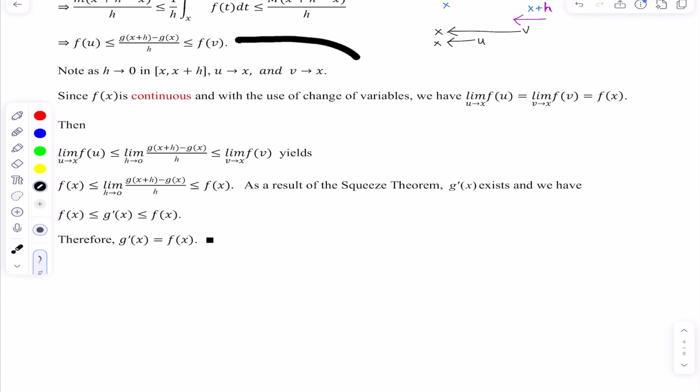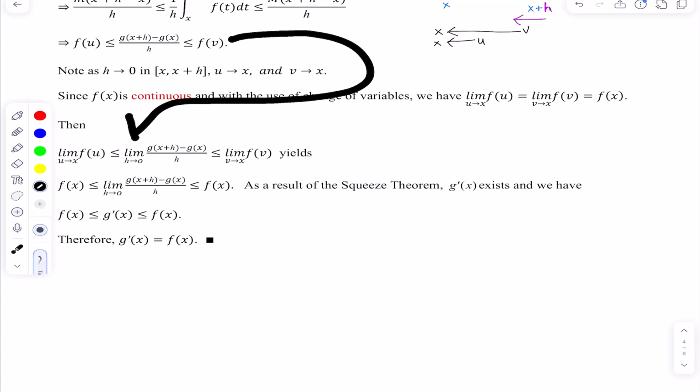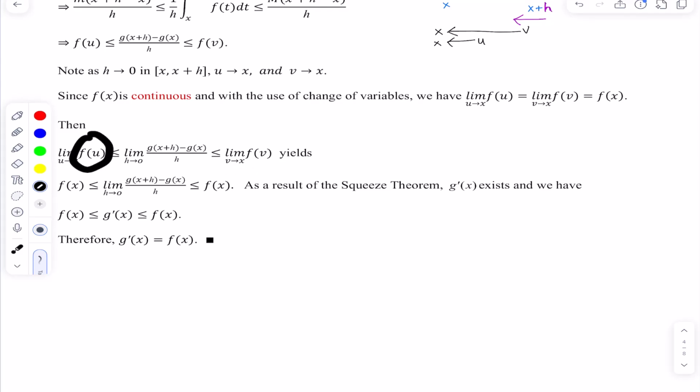Take this inequality, and we're going to observe limits where h is approaching 0. But h approaching 0 is equivalent to saying u is approaching x and v is approaching x for these specific functions. Now we have the difference quotient of g, with the limit as h approaches 0, being squeezed between f of x and f of x.